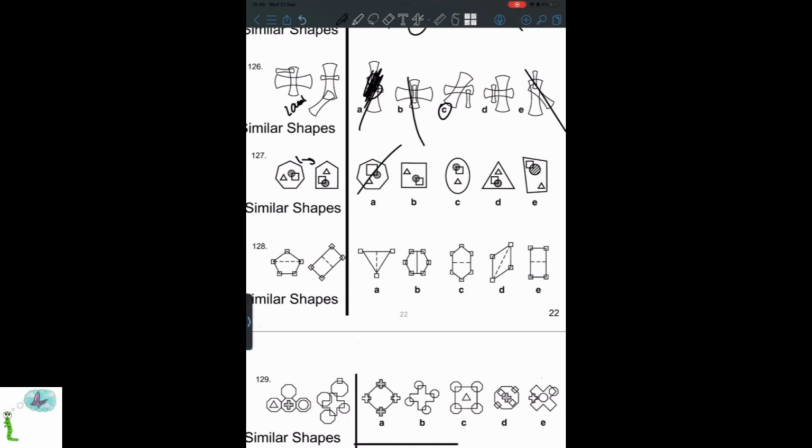What about the size of the shape? The size of the bigger shape? Sides.